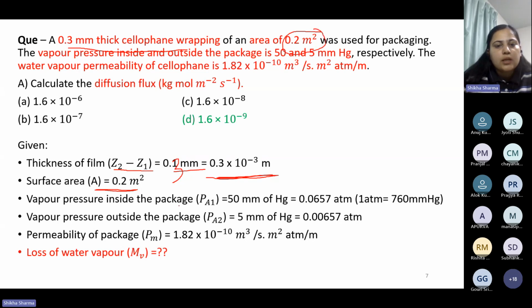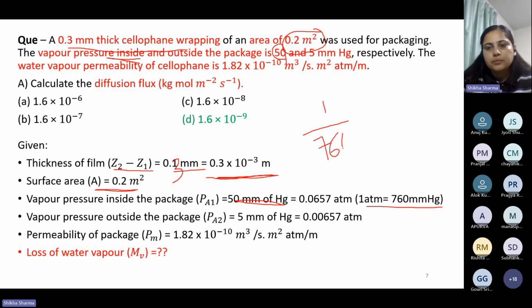The water vapor pressure inside the package is 50 mm Hg. If we want to convert into atm, 1 atm is equal to 760 mm Hg. That means 1 mm of Hg is equal to 1 upon 760 atm, right?